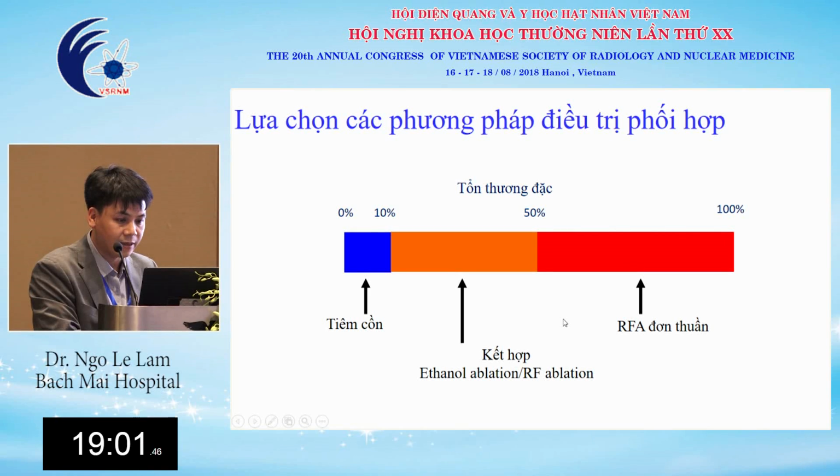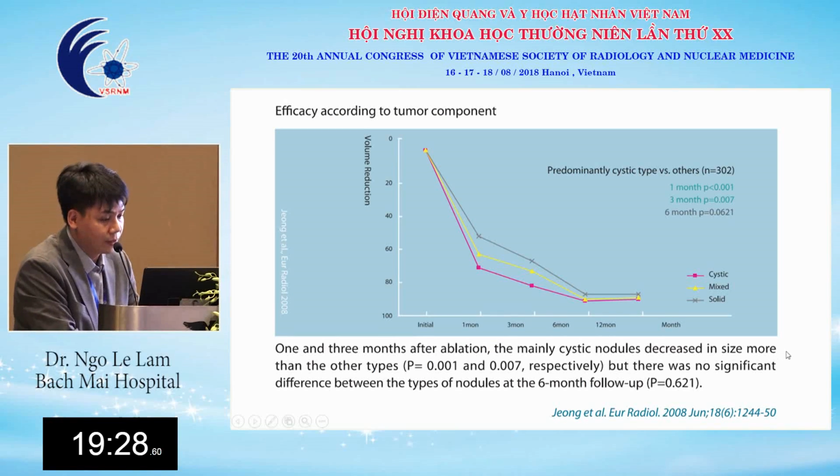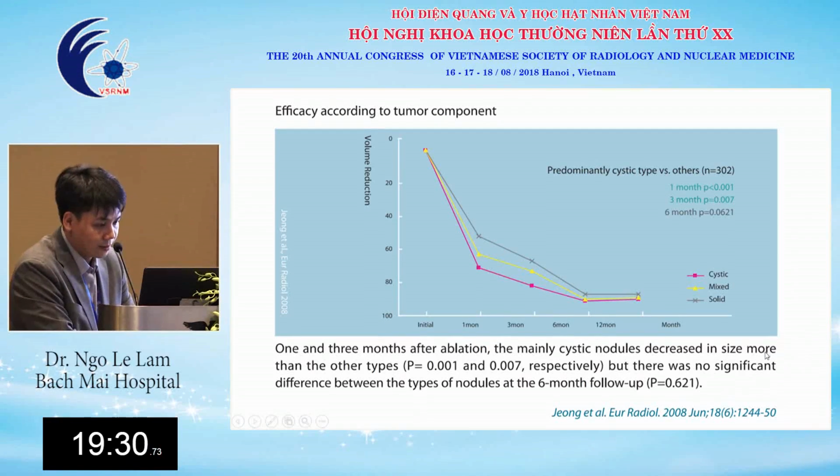Some lesions have a mix between solid and cystic. If the lesions are almost cystic, they just aspirate and inject alcohol. In some patients who have partly cystic, partly solid lesions, we can aspirate and then inject, and after that we do IFA. In solid lesions we do ablation.